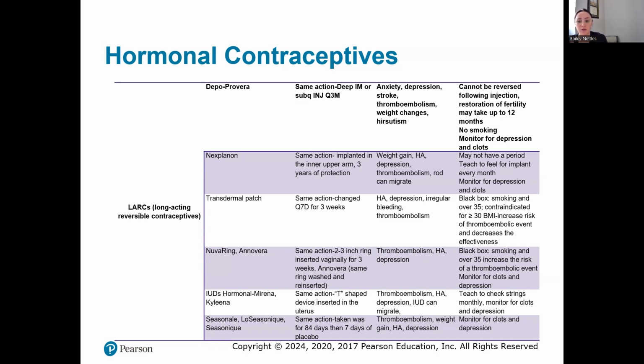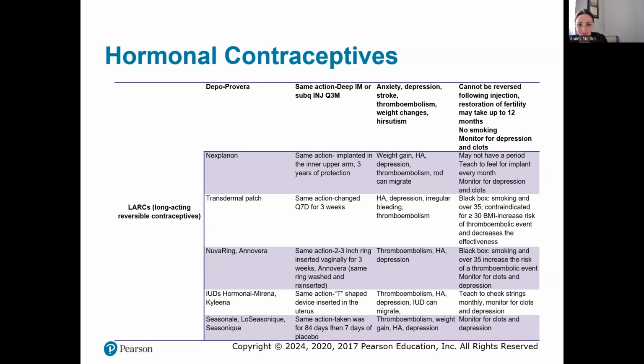So the Annovera is the same ring forever. I'm guessing they change it out every 6 months, every year. You wash it and then reinsert it. Okay. So you leave the vaginal ring in for 3 weeks, and then you have a week without. Okay. Super important to tell them that it goes vaginally. Okay. I saw someone wear it on their wrist like a bracelet.